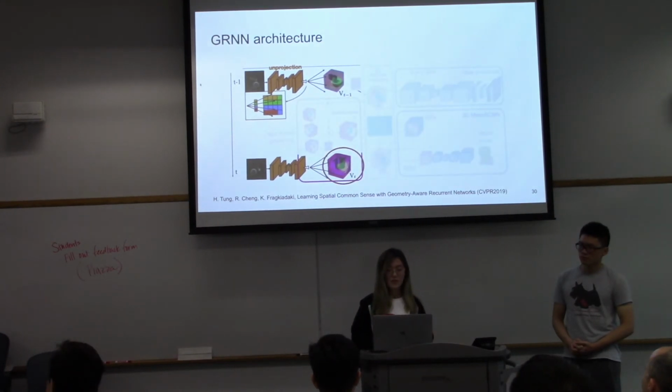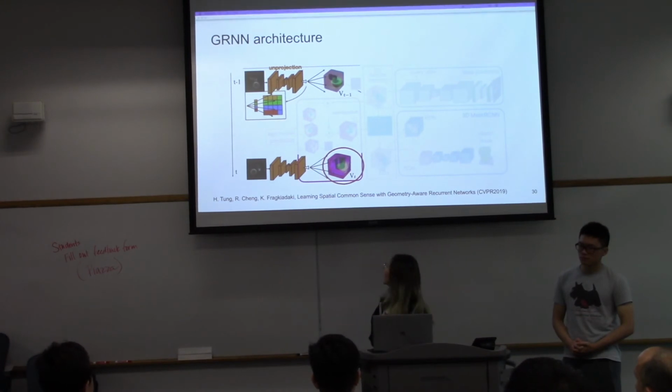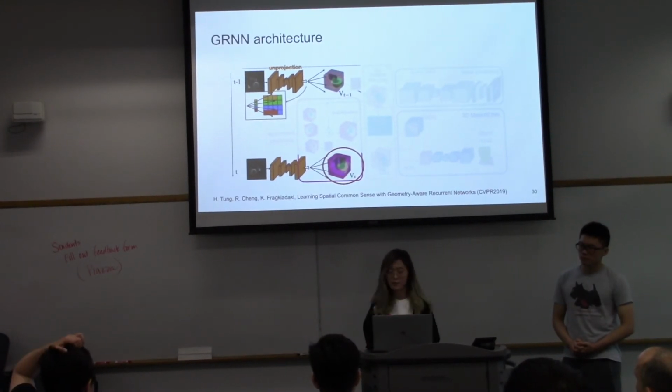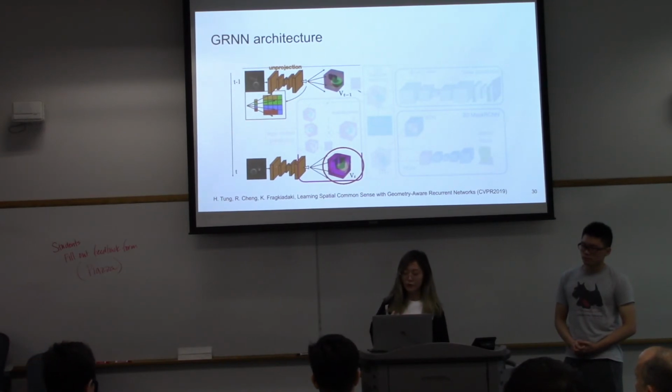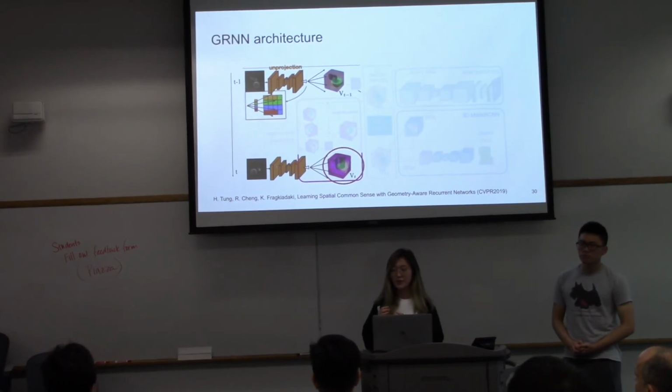So at each time step, the RGB image will be the input to a 2D encoder-decoder with skip connections, that is a UNet, and get the 2D image feature.